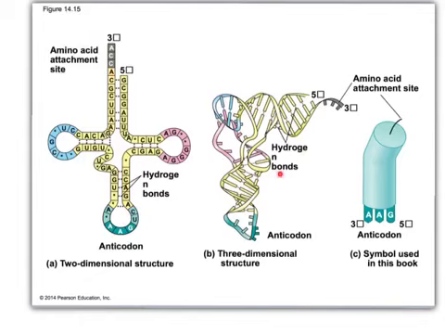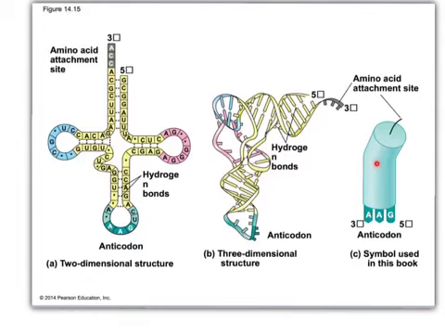Here's your 3-dimensional structure, and you see it's sort of L-shaped with the aminoacyl attachment at the 3' end, and your anticodon sort of in the middle. And then the symbol used in this book is as you can see here. Pretty straightforward. Questions on tRNA?